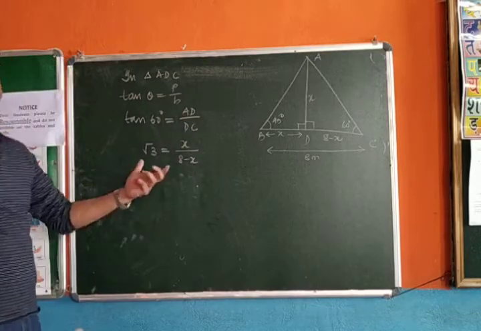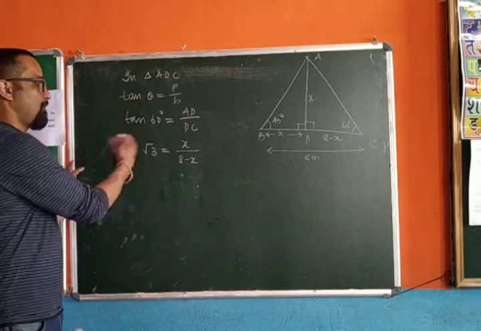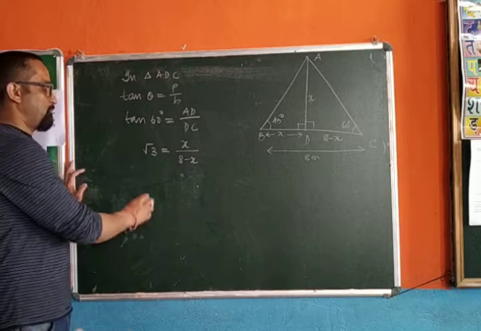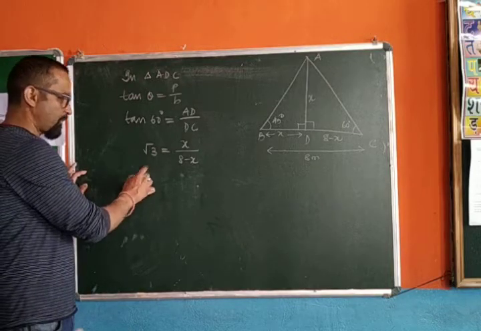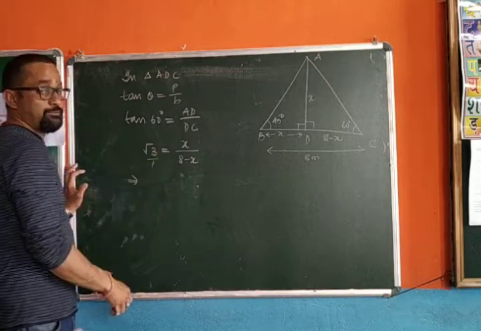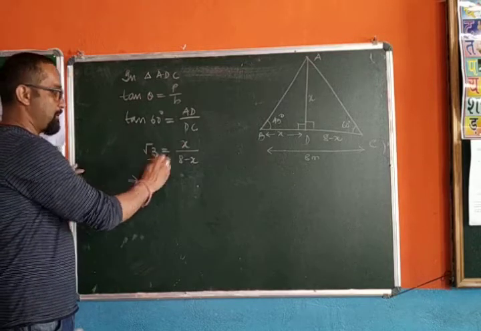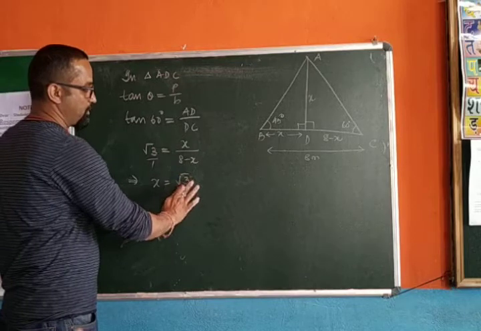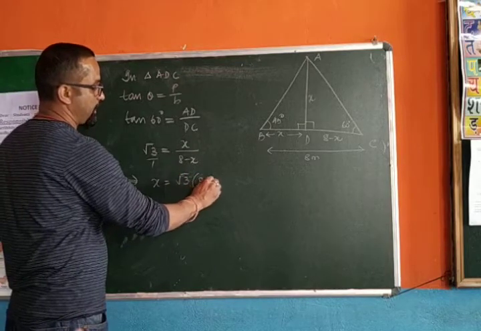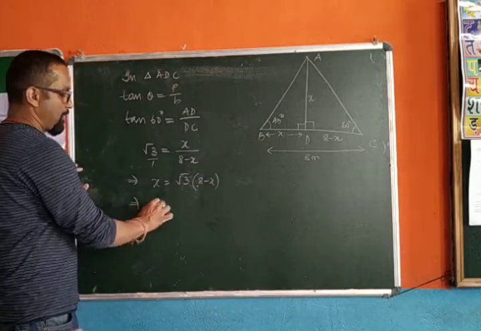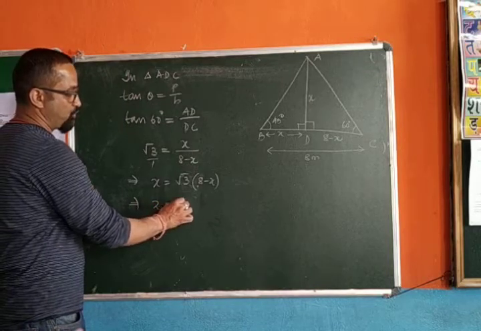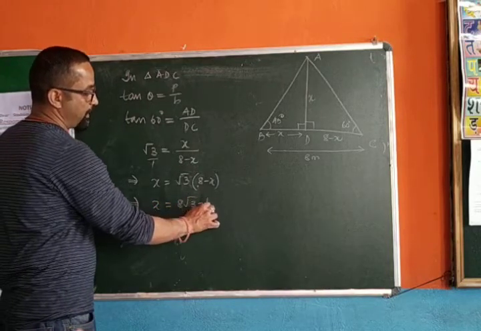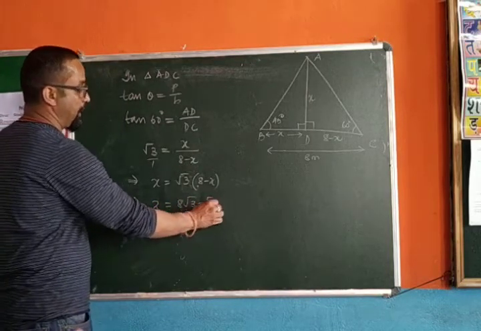You need to simplify this. Cross multiply now. Right fraction multiplies this way: x equal to root 3 multiplied by 8 minus x. X equal to 8 root 3 minus root 3 x.